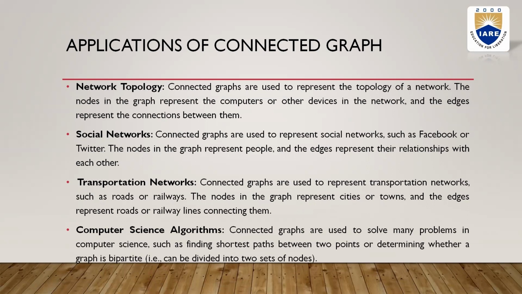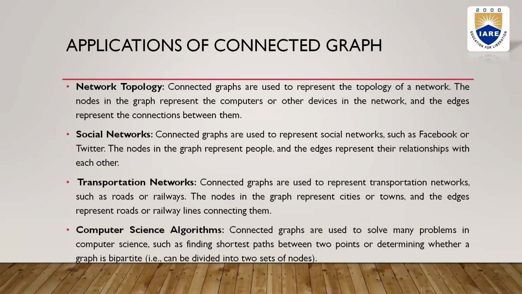This is another application of connected graph. We'll see the third one, that is transportation networks. Connected graphs are used to represent transportation networks such as roads or railways. The nodes in the graph represent cities or towns, and the edges represent roads or railway lines connecting them.